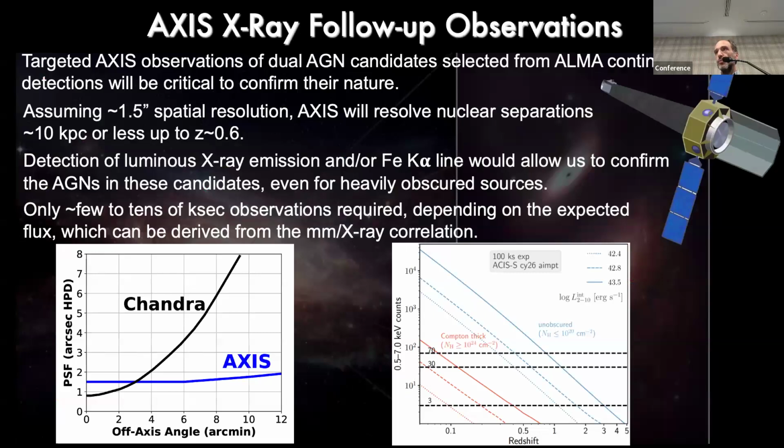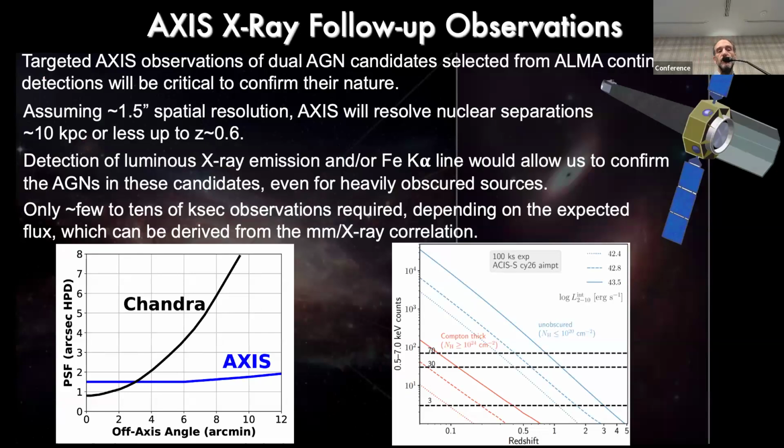AXIS, as we all know very well, has both a very high spatial resolution and at the same time is very sensitive, and combining these two makes it the ideal tool to confirm the dual AGN candidates in these systems.